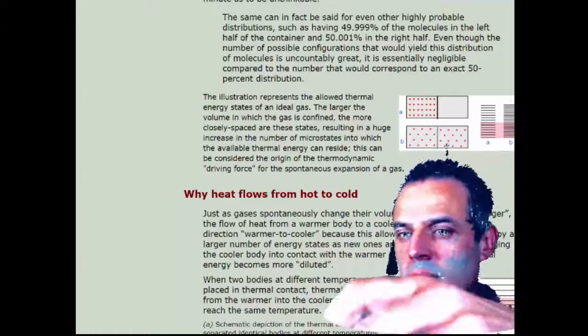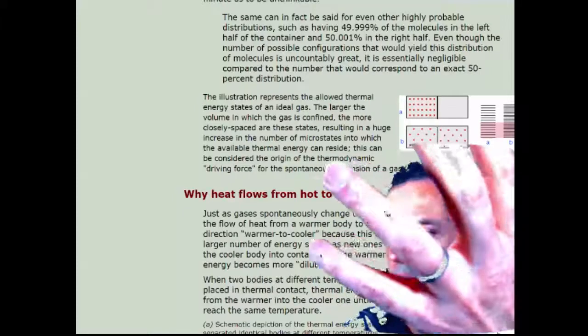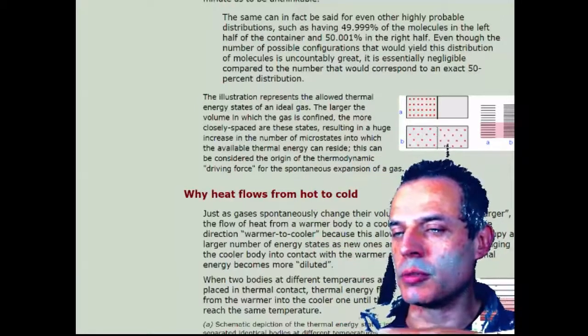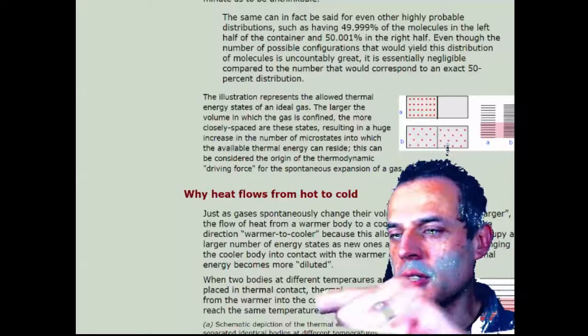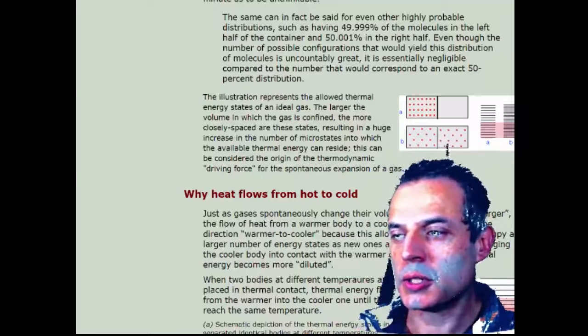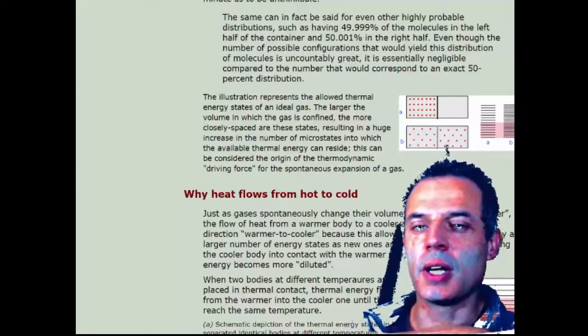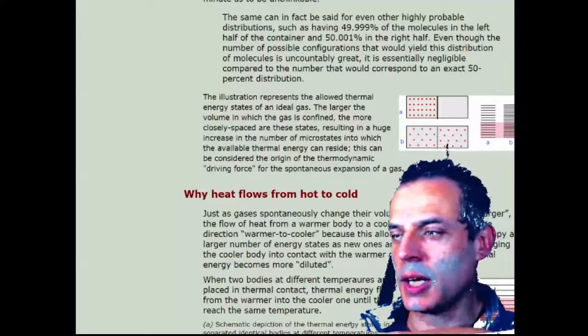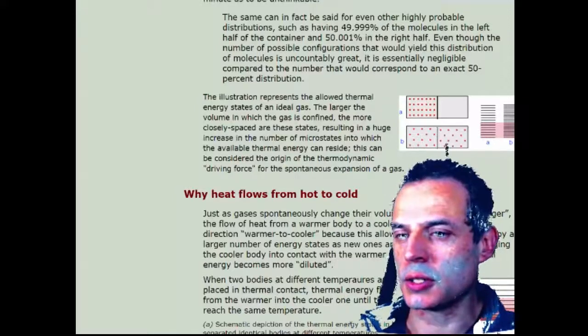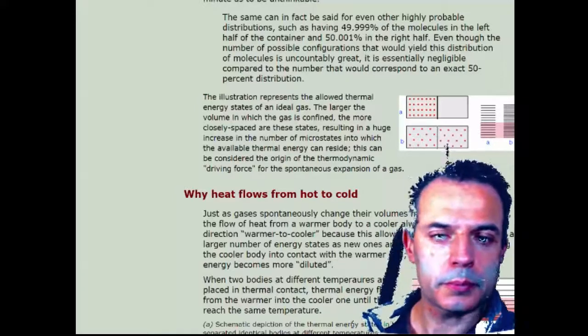So in effect, spreading it out doesn't change the number of configurations, but it does change their exact position, and it also changes the number of energy states that they can be in.